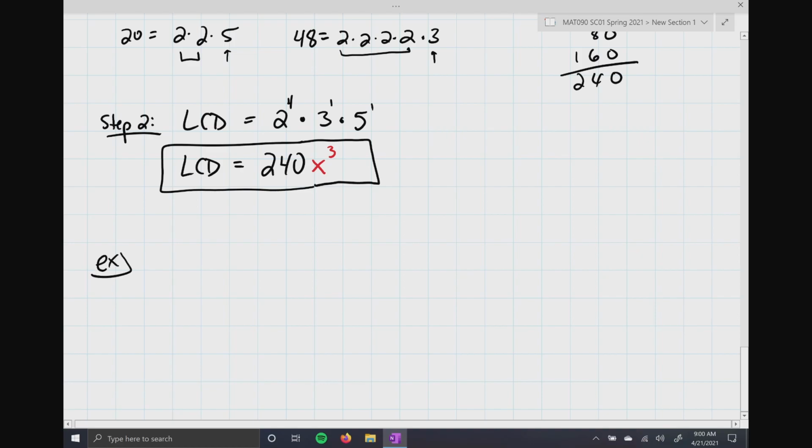Same directions. Find the LCD for 7x over x plus 2 and 5x squared over x minus 2.